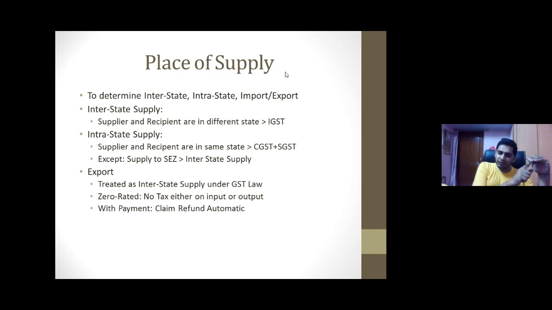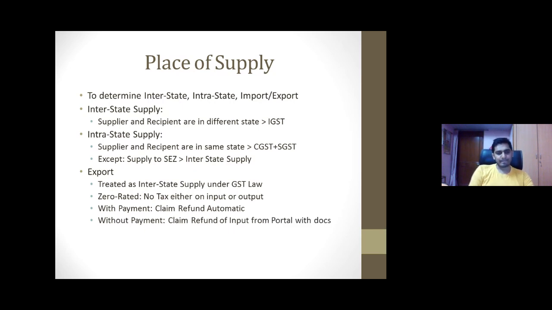You received 100 rupees from America, but you paid 18 rupees to government. Then you get the 18 rupees back within 45 days. Ultimately, you have paid zero tax. So this is the method of export with payment of tax and then claim full refund. And that is also automatic. You need not apply even. It will come automatically.